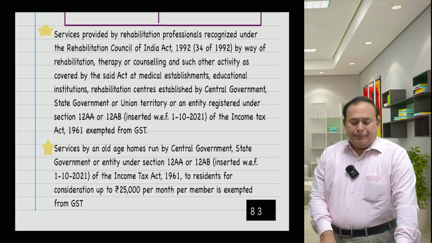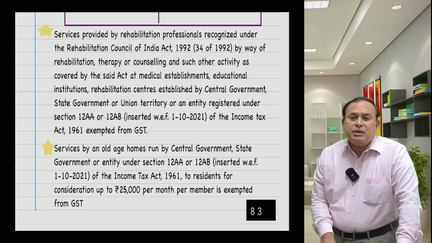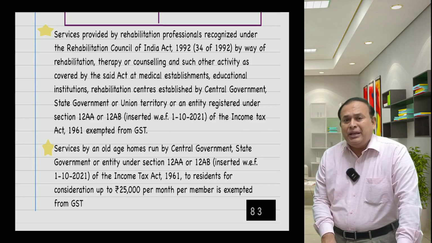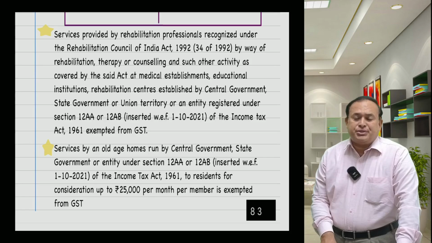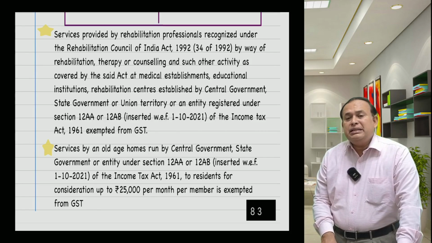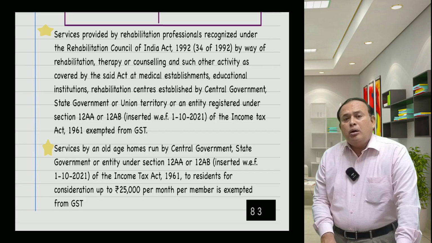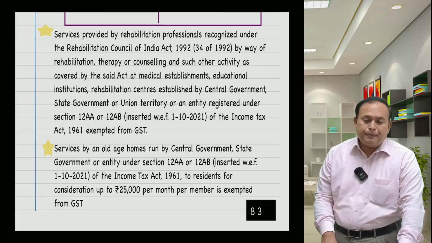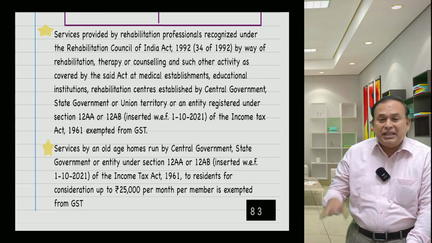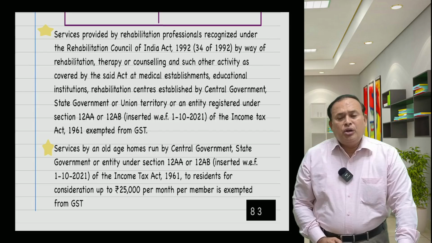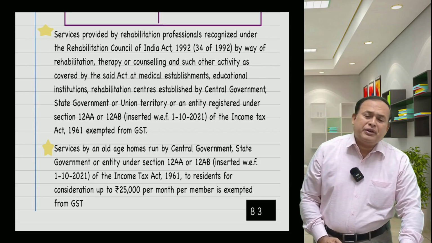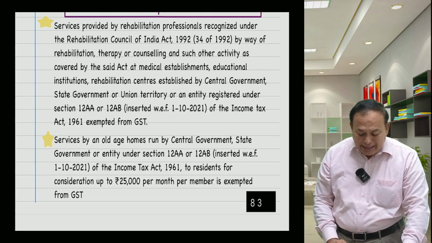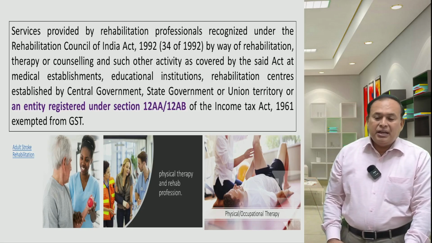These are services offered by charitable institutions, 12A, 12AB of income tax registered entities, in the nature of rehabilitation professionals. If there is a supply of services that qualify for exemption, what are they? My dear friends, rehabilitation professionals means this nature.